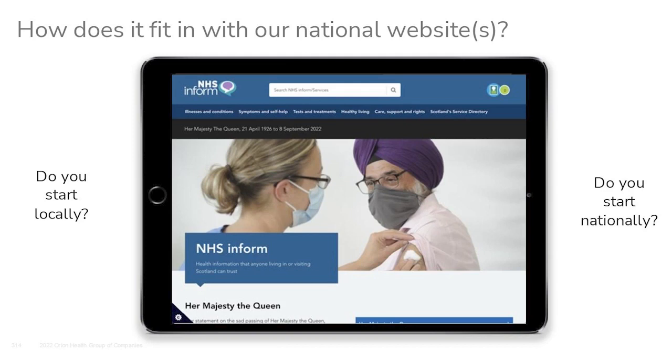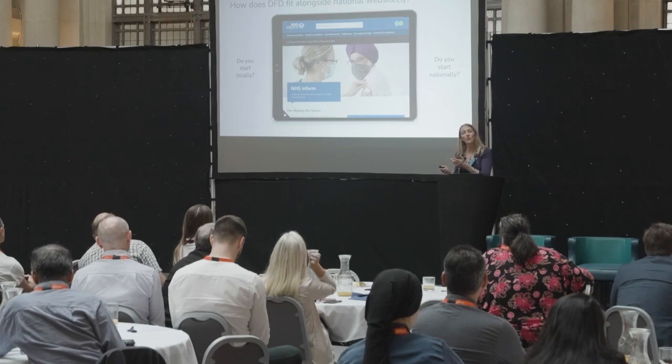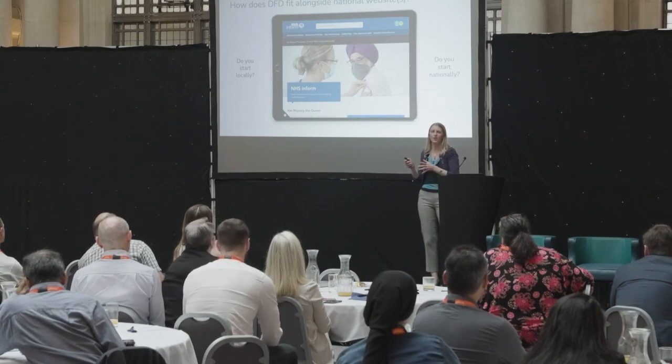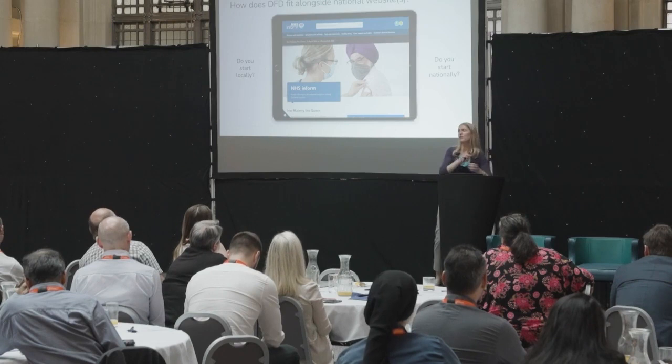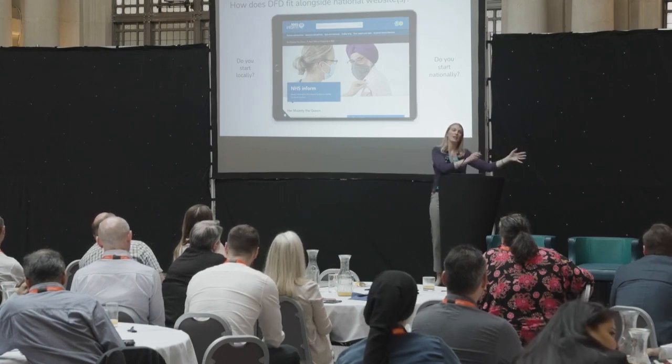And so what you actually need, and this is what I'm hoping to have a few discussions with you over dinner about, is how do we bring this digital front door and fit it into the local context for your local population, in the same way that you have your local shared care record for clinicians and your national care records. You're going to have your local Engage and your local DFD linking to the national patient app.